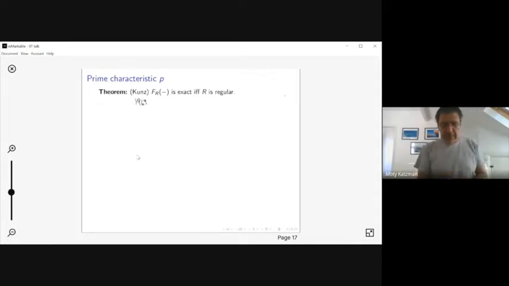It says the Frobenius functor is exact if and only if R is a regular ring of characteristic P. And we are going to be working in this setting. Eventually, we're going to be looking at what happens over regular rings of characteristic P, and that's going to be the background of the construction of finite F modules that I promised to show you how to construct.